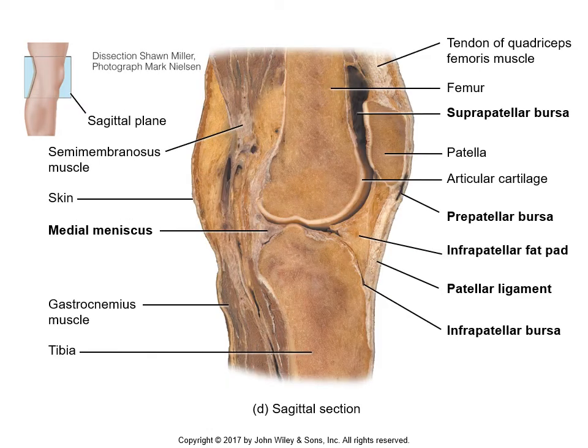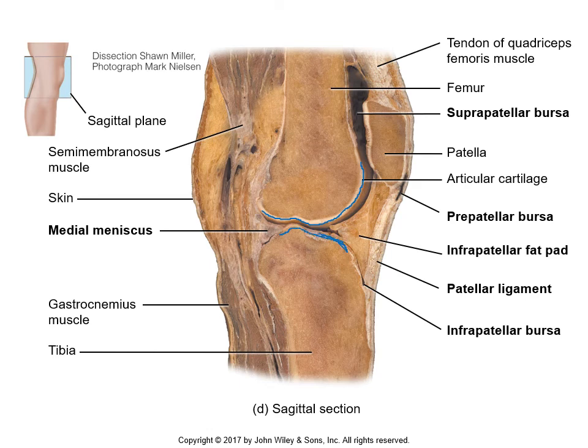Here's a little better image of a gross or cadaveric model. This person definitely has a fair amount of thinning cartilage here on the femur. It's really not that bad. Down through here definitely has a pretty thinned out amount of cartilage.